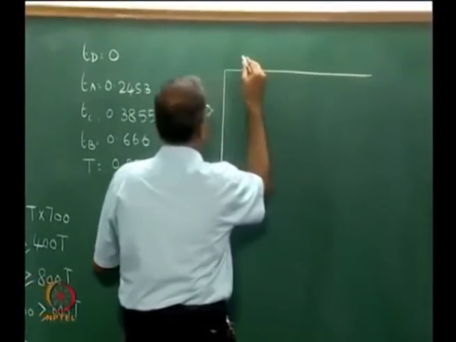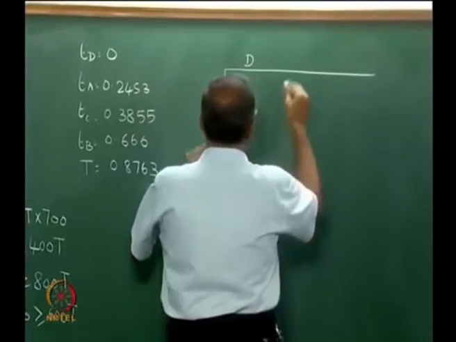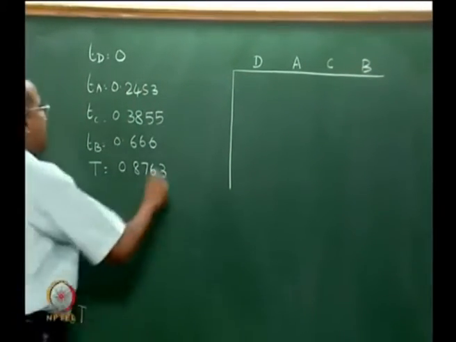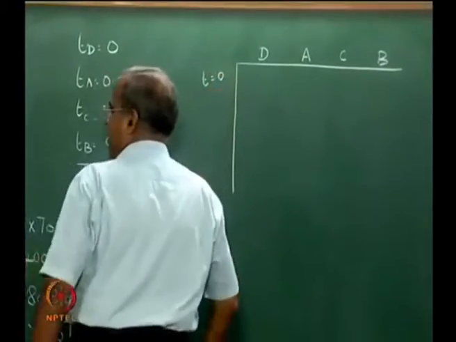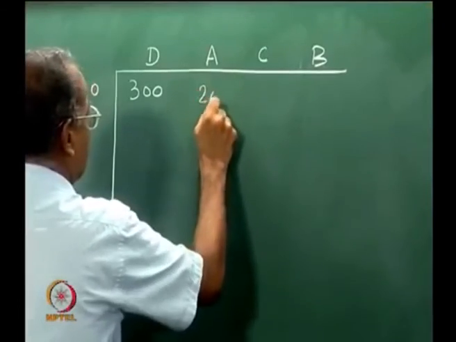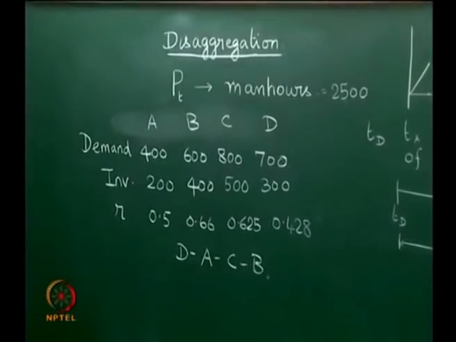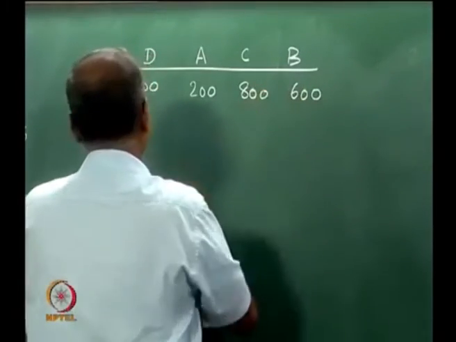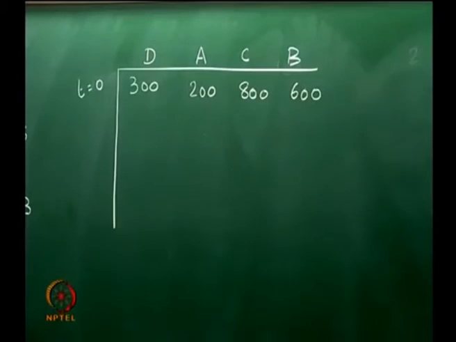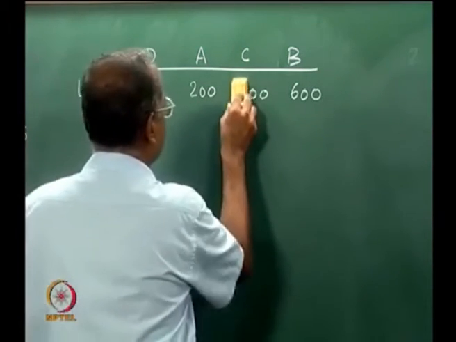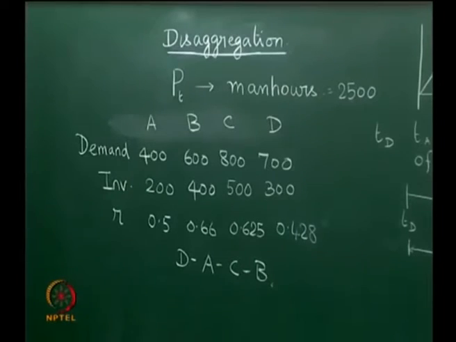So, what we do is we first keep item D, we are producing it in the order item D, A, C and B. So, at time t equal to 0, the initial inventories are 300 for D, 200 for A, 500 for C and 400 for B. Let me correct it.